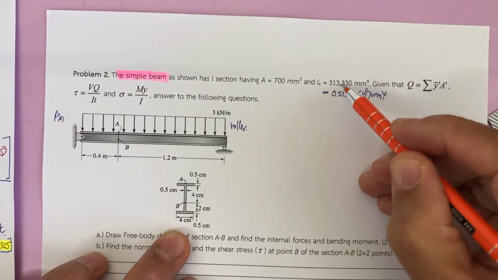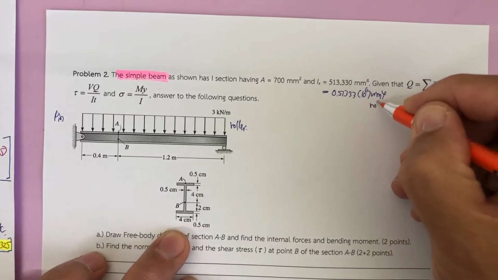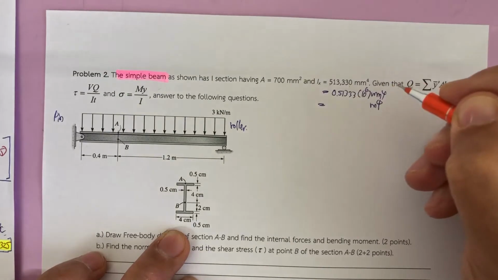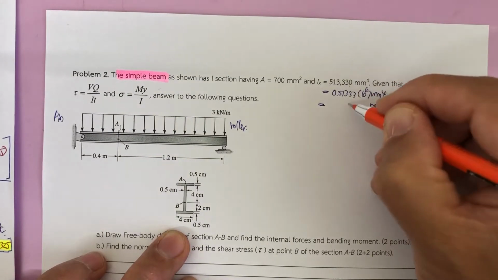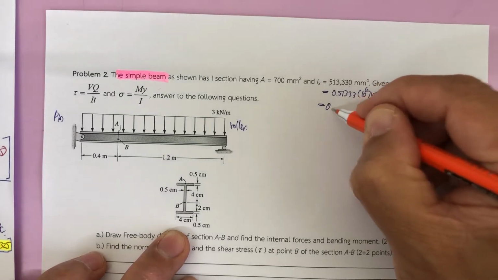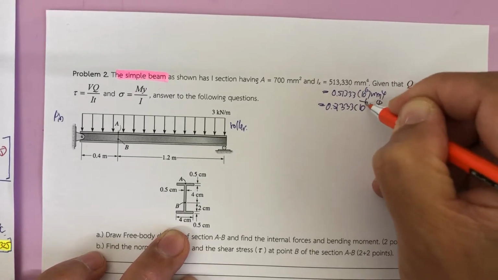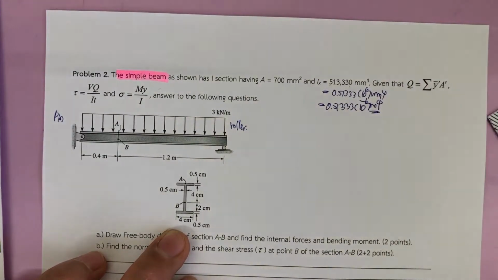If you like to make it meter to the power 4, you have to divide this by 10 to the power 12. You know where the factor of 10 to the power 12 comes from, right? That is going to be 333 times 10 to the minus 6 in meter to the power 4.